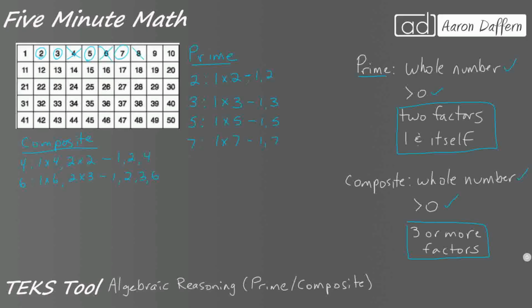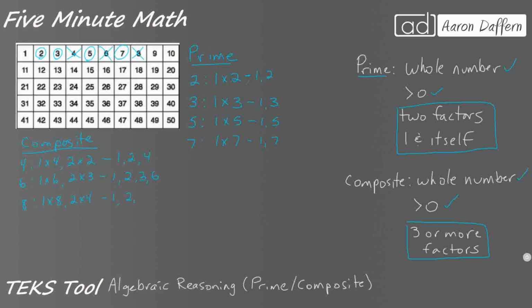But 8 is not because I can do 1 times 8, but also 2 times 4. So hopefully we're noticing a pattern. We're going to finish with 9 and 10, but we're going to run into some issues as the numbers get bigger.